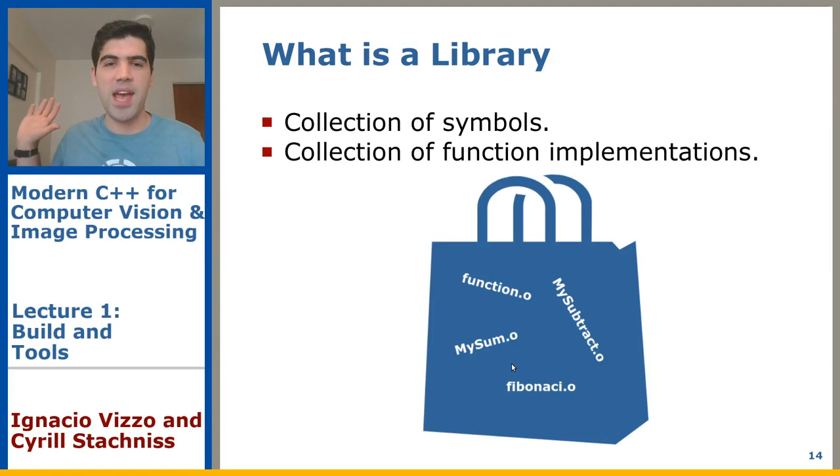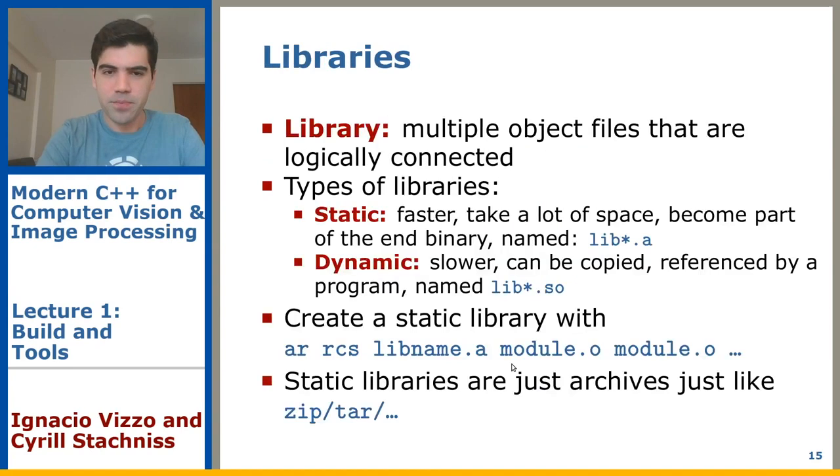Instead of having everything in one source file, we want to put all these symbols, let's say arithmetic operations, in one library. A library is just a bag full of symbols and implementation details. We use libraries because they are much easier to maintain and distribute, and they make your project easy to read and work with.